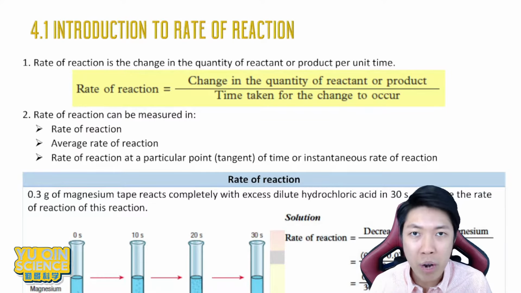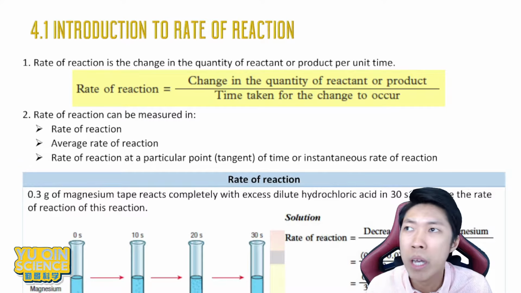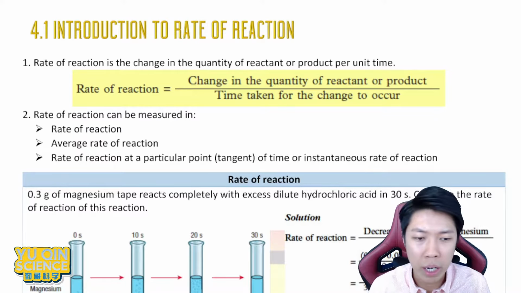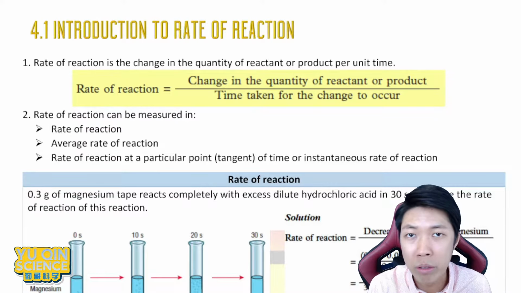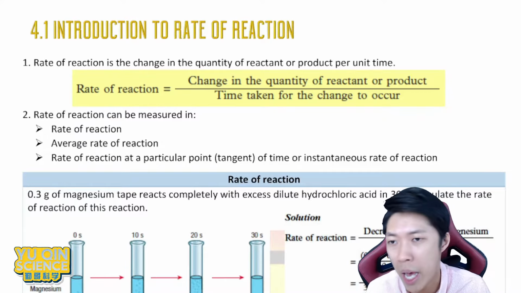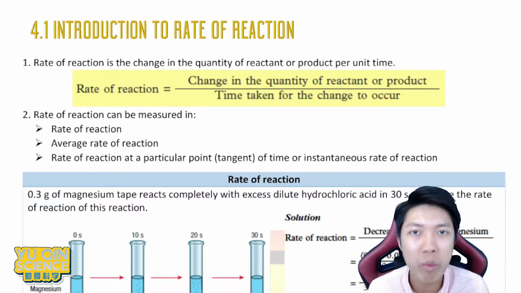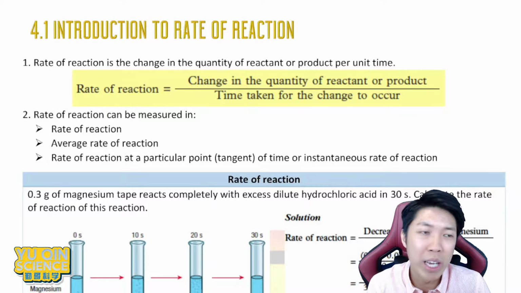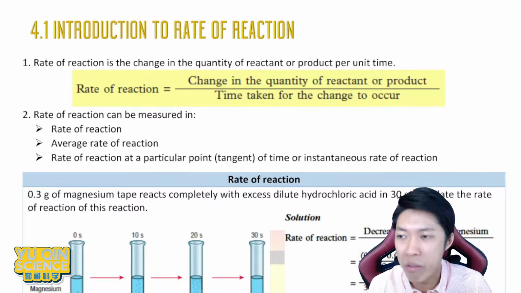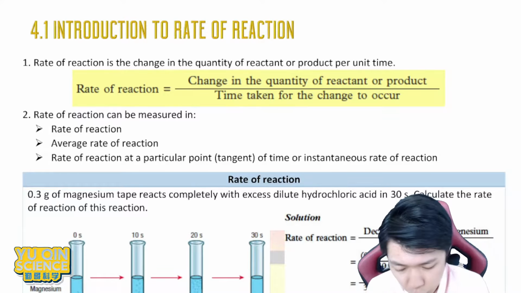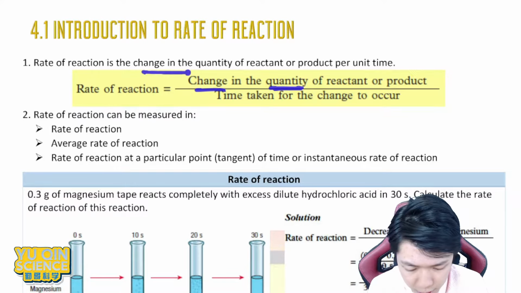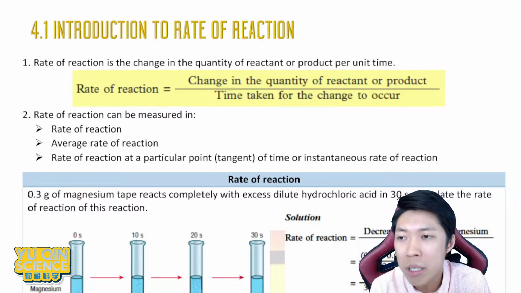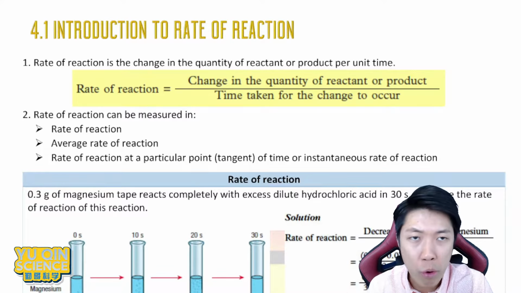Every chemical reaction that happens, no matter burning a metal that releases gas, or dissolving a metal into water and it releases gas, or any chemical reaction in your daily life, it will have a rate to it. Means you can calculate the rate of the reaction by dividing by the time taken. So change in quantity of the reactant or product, divided by total time. Reactant basically means before, product means after.